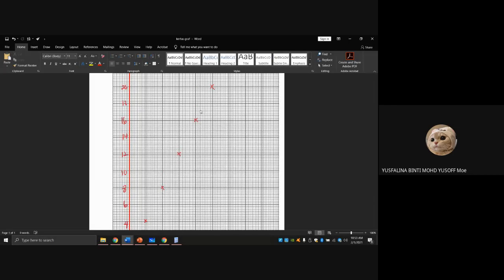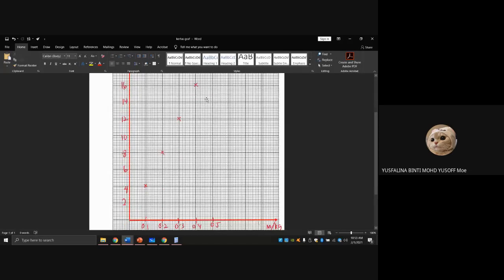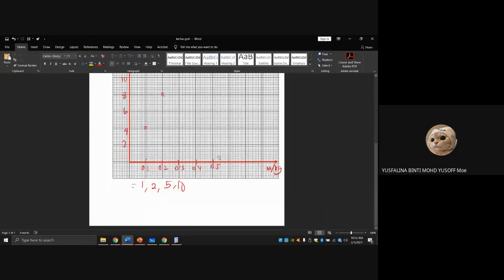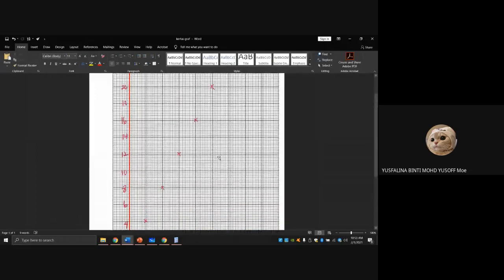Like this, right? After that, you have to underline. Underline with a ruler. Cannot freehand. You must underline with a ruler, and must use the long ruler. If you use a short ruler, then you will have to move your ruler to this side because the line is not enough, and then your graph will have a double line.